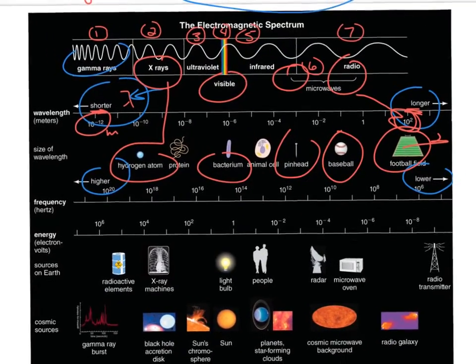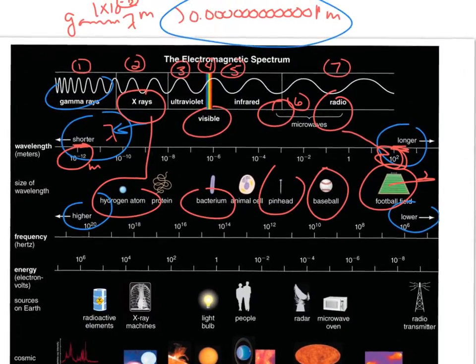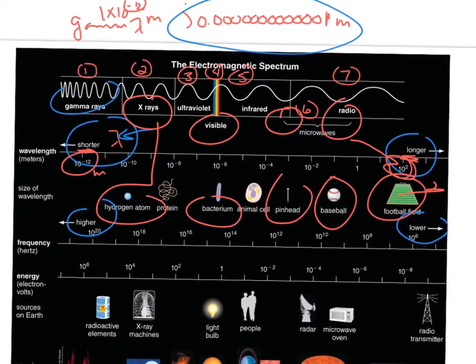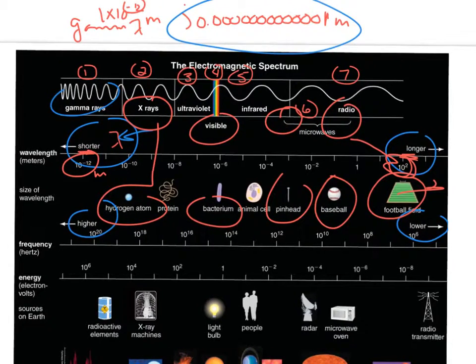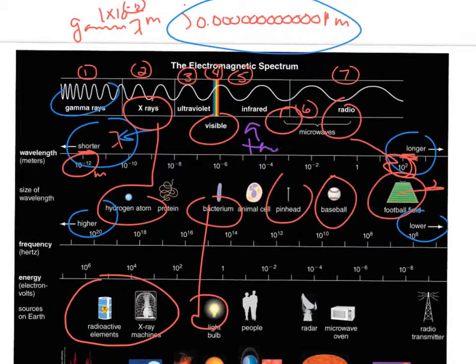I like what your author's done from left to right here. Everyday objects: what would we be concerned with regard to X-rays or gamma rays? Radioactive elements, X-ray machines. With regard to visible light, a light bulb. With regard to infrared, one thing I should give you a heads up about is that infrared is actually thermal energy, or heat.